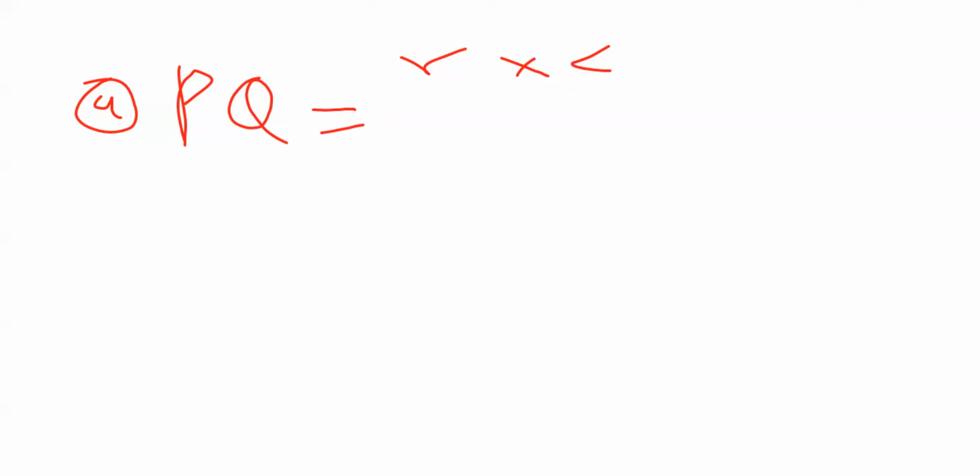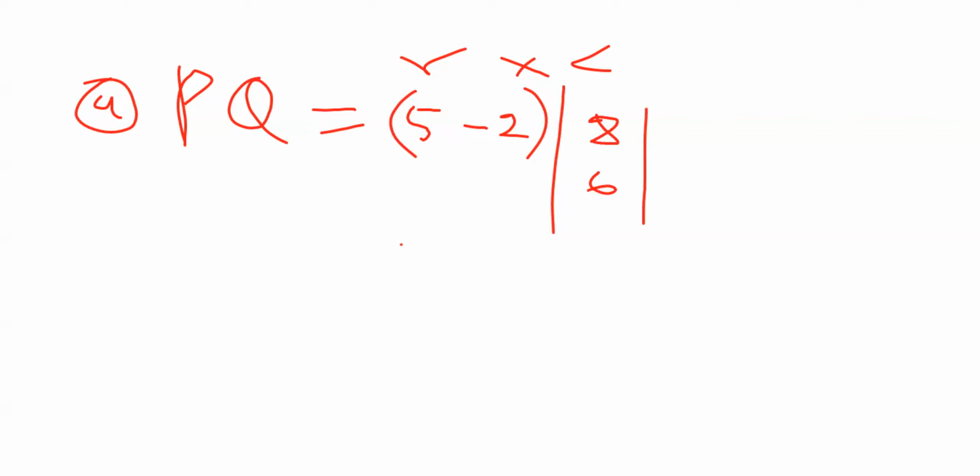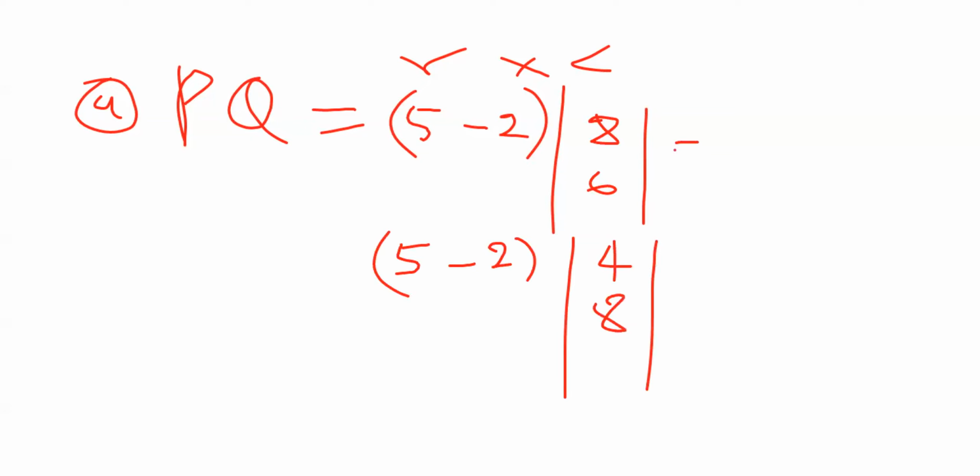Now, the first row in matrix P is 5, minus 2, multiplied by the first column of matrix Q. The same rule, multiply the second column, which is 4, 8. Did you get that? It will now be 5 times 8 plus minus 2 times 6. That will give us 40 minus 12.